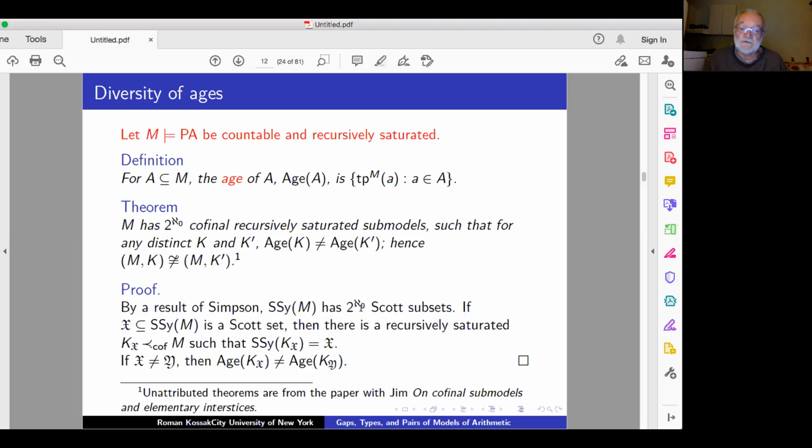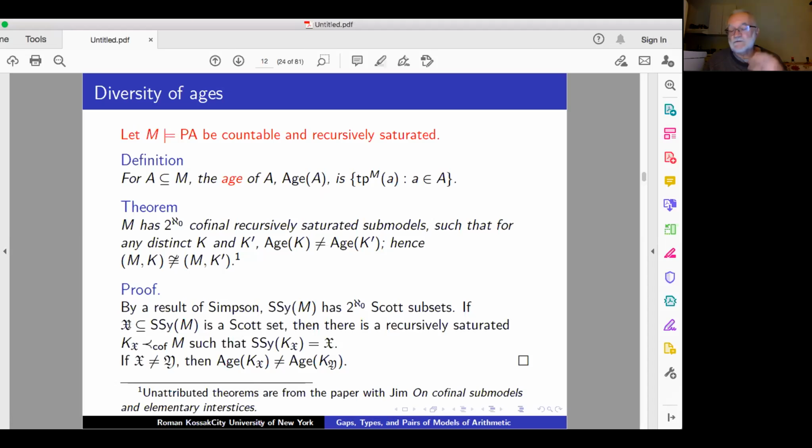It's not completely obvious. You have to think about how it's done, and this is the result of Simpson. But once you know that, then for every one of those continuum many different Scott subsets, you can construct a recursively saturated model that has this Scott set as the standard system.